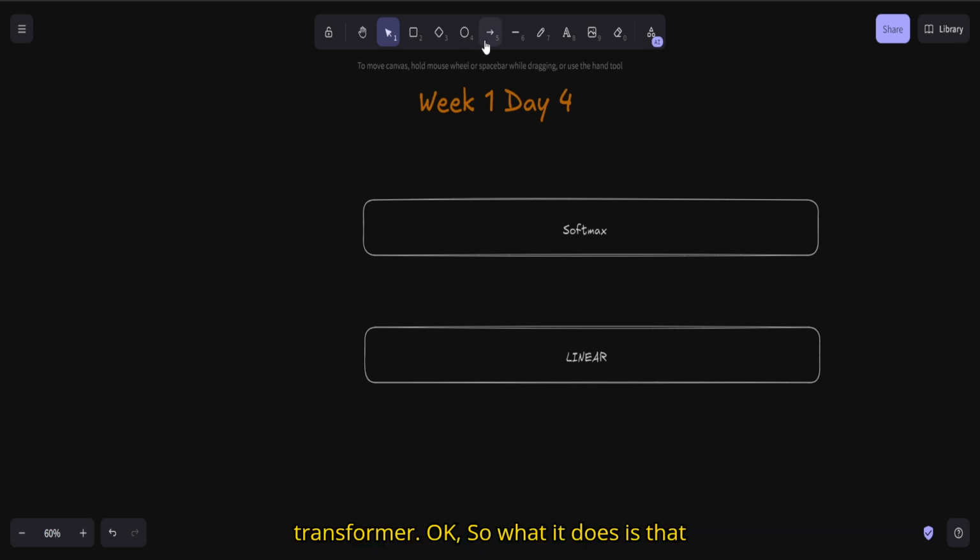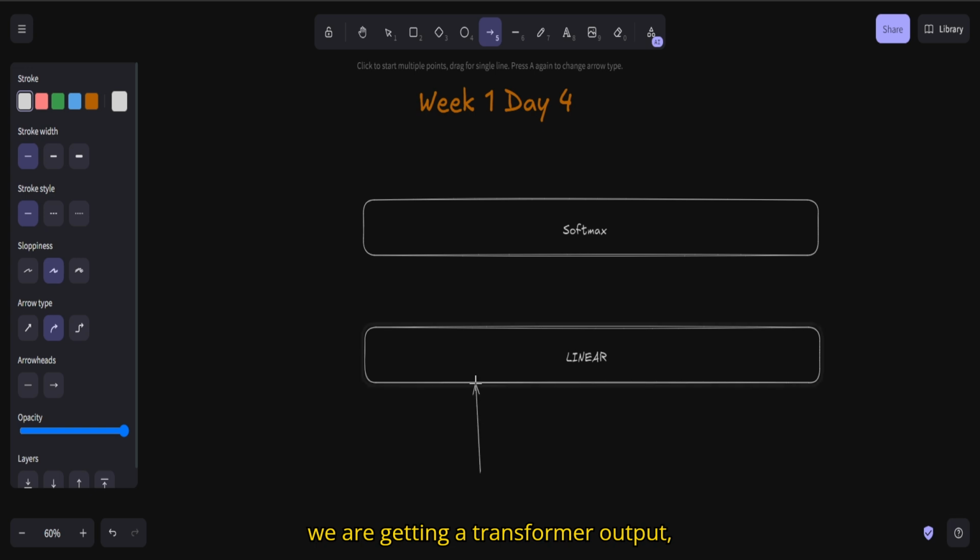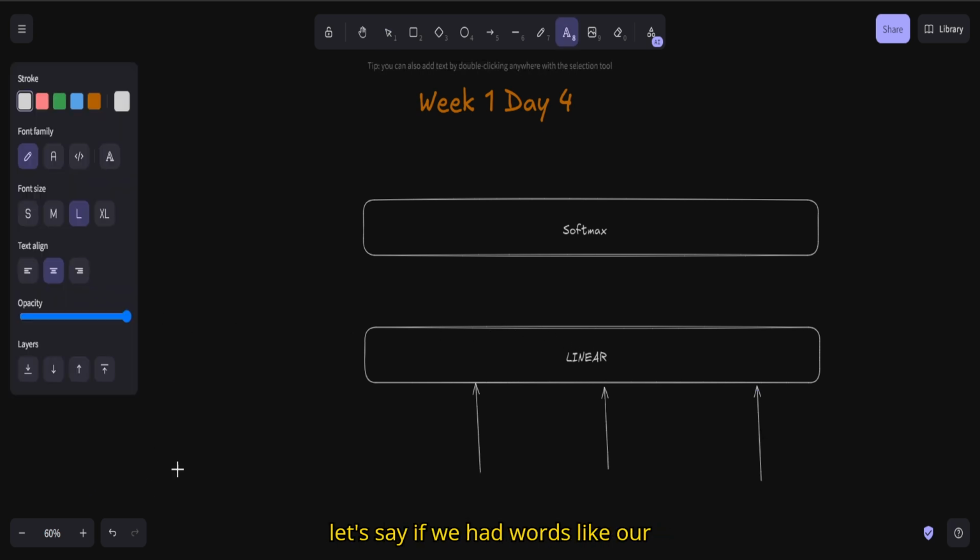So we are getting a transformer output, whatever it is. The linear network first maps it into the n classes we began with. Let's say our vocabulary had four words, for example: I, am, tree, cat.